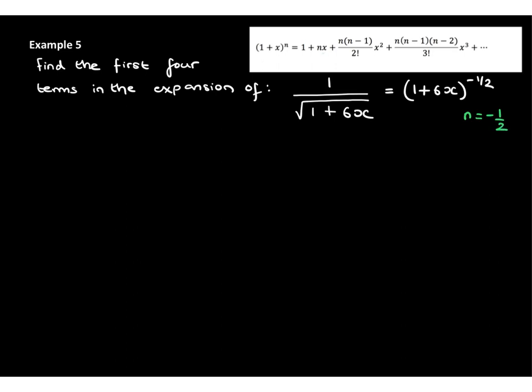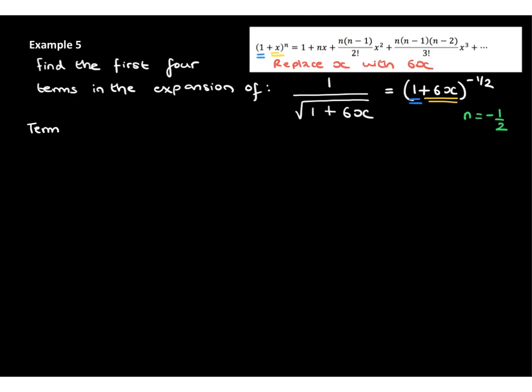Let's investigate this expansion. It begins with 1, so that's absolutely as we want it to be. The second part of this is plus 6x rather than simply plus x. So of course this means we need to replace x in the expansion with 6x, but it's a positive 6, so that makes our work a little bit easier.